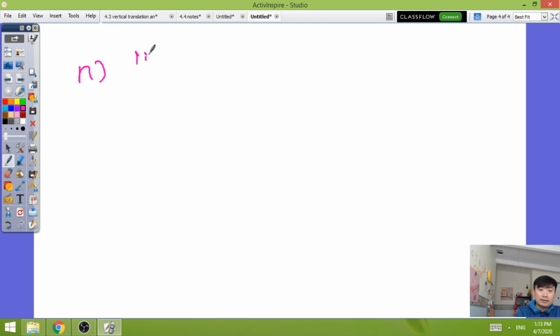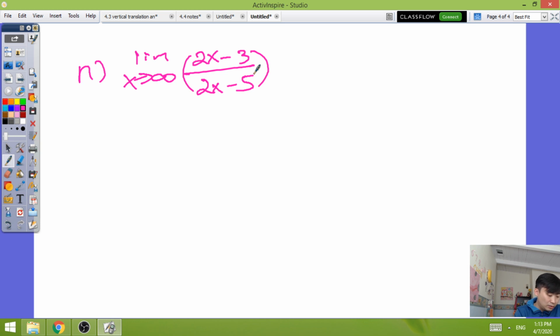So this one, the limit as x approaches infinity, and then we do have 2x minus 3 over 2x minus 5, the whole quantity to the power of 2x plus 5. So this one is a little bit complicated. We do have a rational function, and then we do have a linear function as a power.